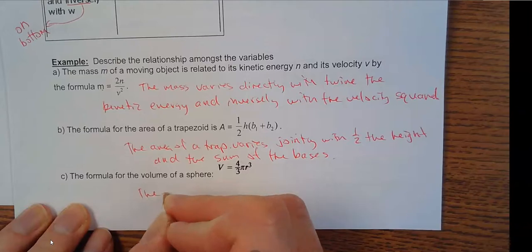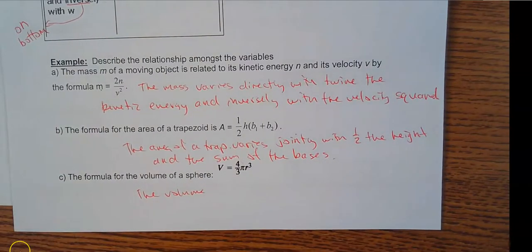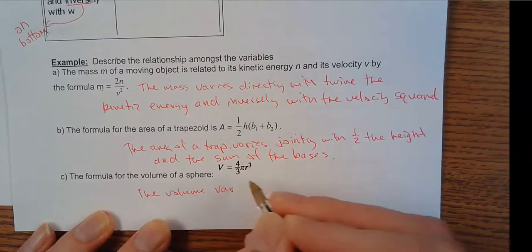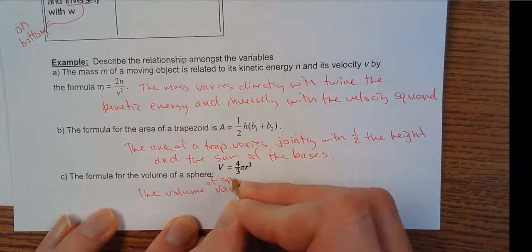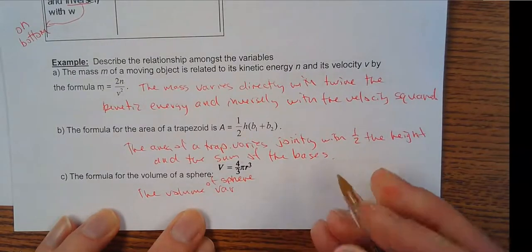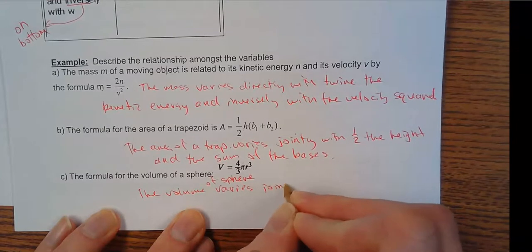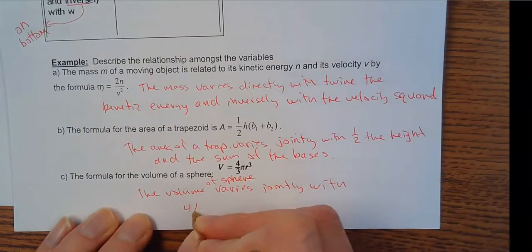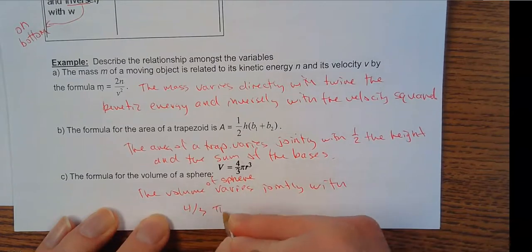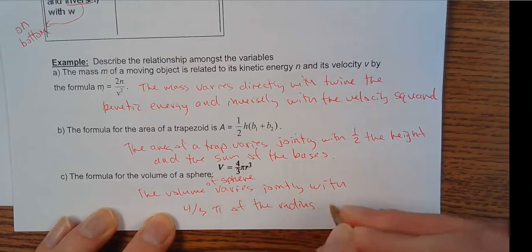So the volume of a sphere varies jointly with 4/3 pi of the radius cubed.